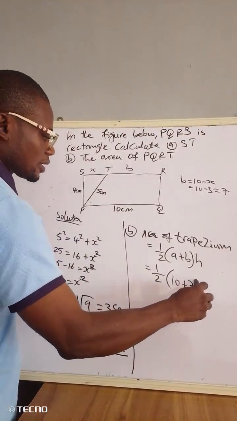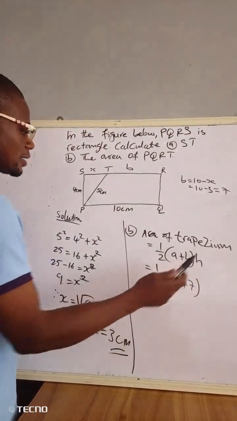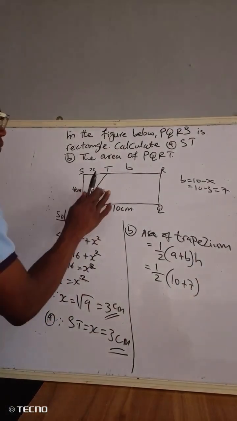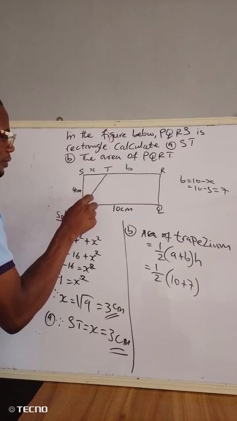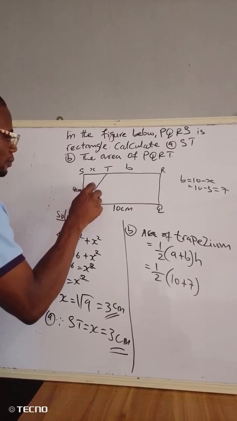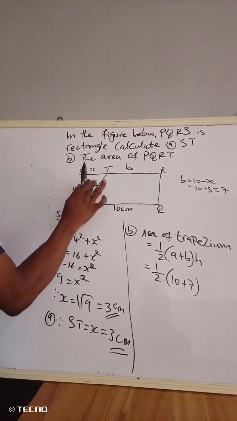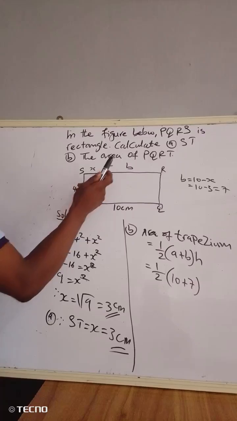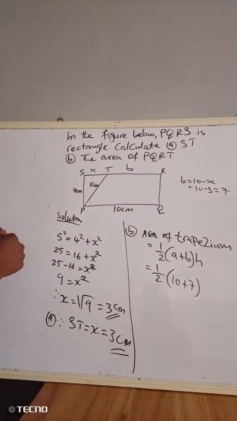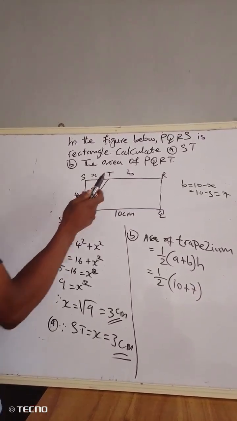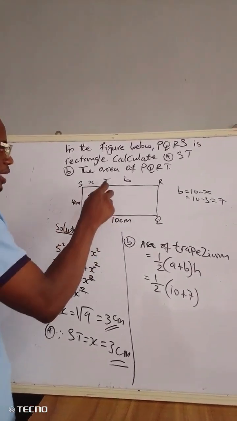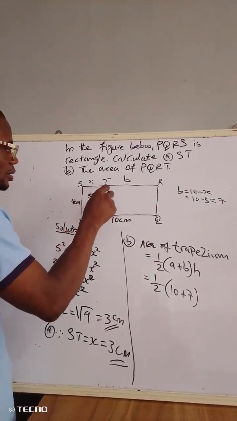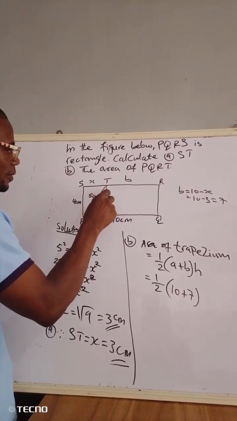I'll put 7 here. What about my height? You know that the height of a trapezium can be gotten from here.